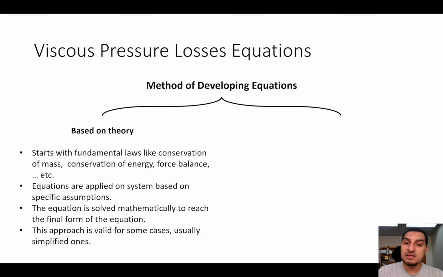But as the systems get more and more complicated, the equations that describe these systems become also more complicated, and this is expected. And as it gets more complicated, it will be very, very hard to deal with from a mathematical point of view, so we cannot do the math to convert these equations into a final form that we can use directly. We can just end up with a differential equation that we cannot deal with.